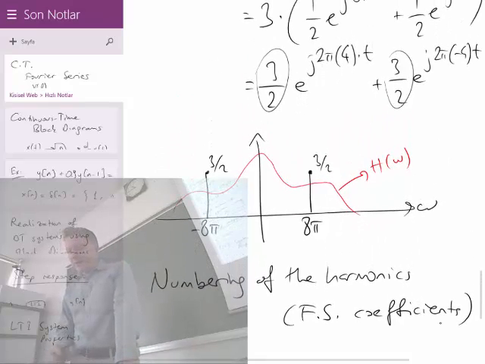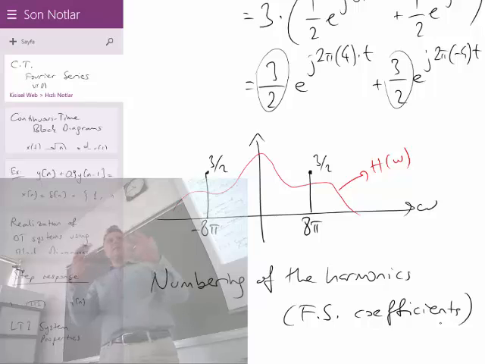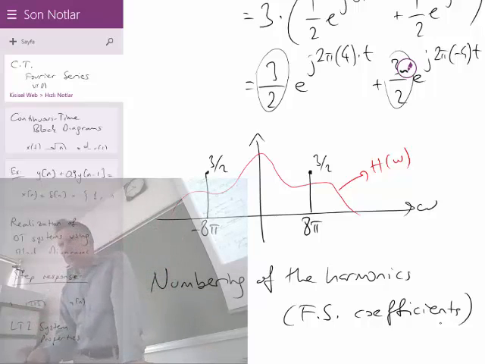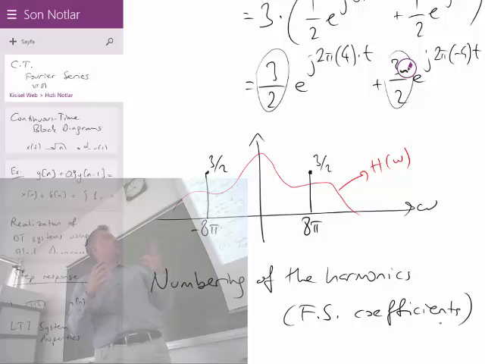Let's go back to our example. If you have a single sinusoid, it also corresponds to the period of your periodic signal. What's the frequency of the overall thing? The frequency is 8 pi and minus 8 pi. That is also known as the fundamental frequency. There is no other frequency here, of course, but that is the fundamental frequency.